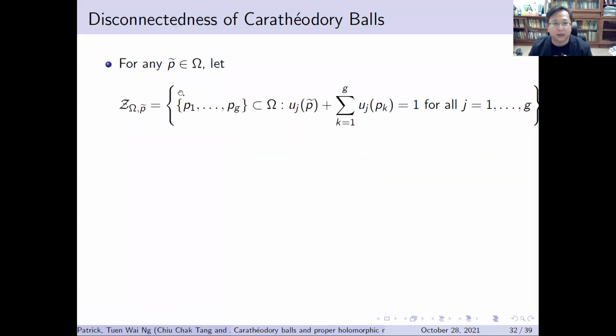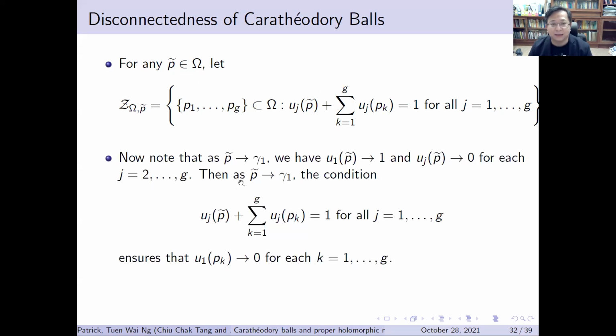Now, take any point p tilde inside omega, and then we look at this set. This is a set consisting of some subsets in omega. Actually, each subset consists of g points, so that these points paired up with the given p tilde will satisfy this harmonic measure condition. So for each p tilde, we just look at the solution for this system of equations. Now here is one useful observation.